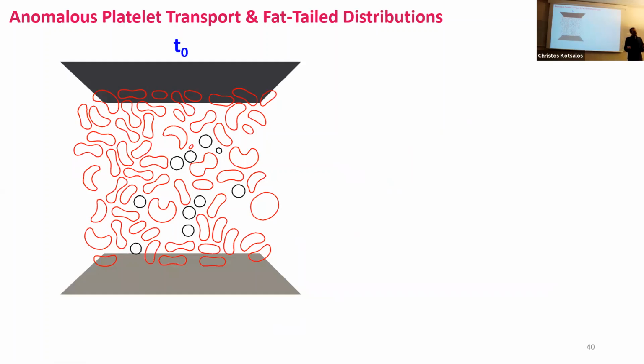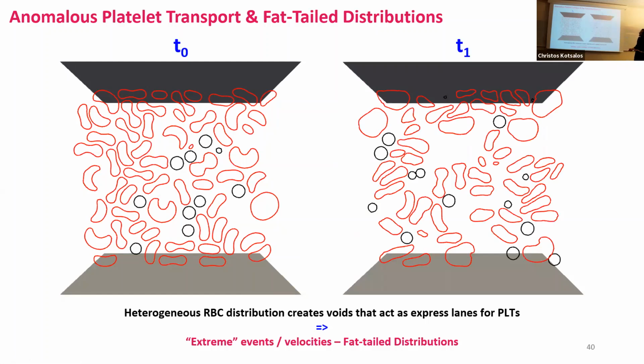A possible explanation of these extreme events, of these extreme velocities. This is a slice from my computational domain at time 0, and this is also a slice at another time, a few time steps afterwards. You can see this heterogeneous RBC distribution, with these big voids.